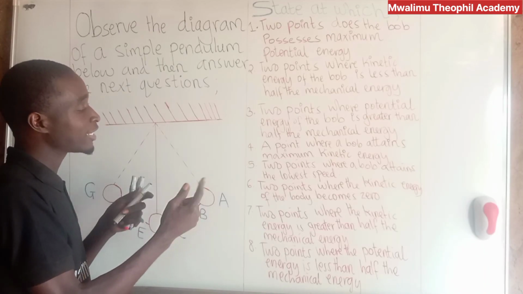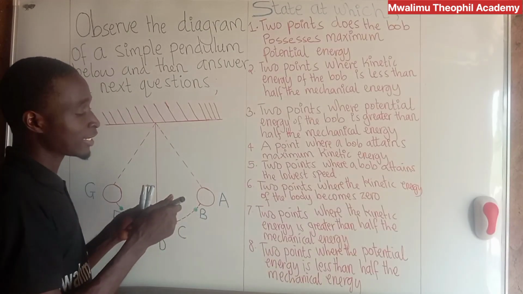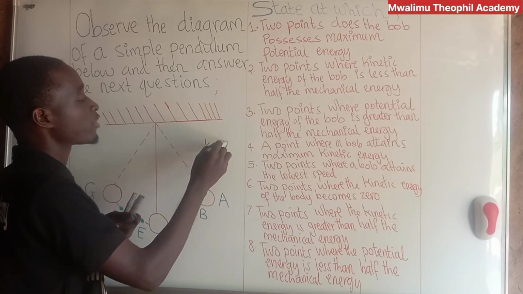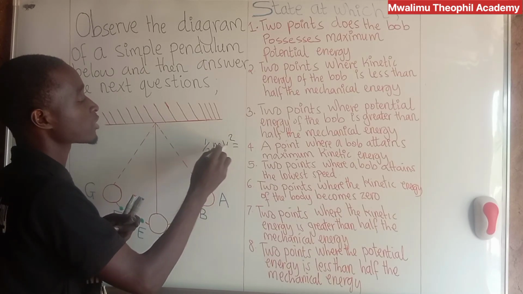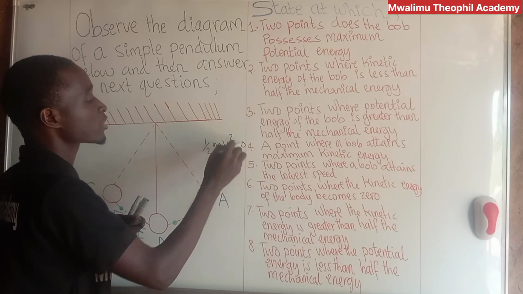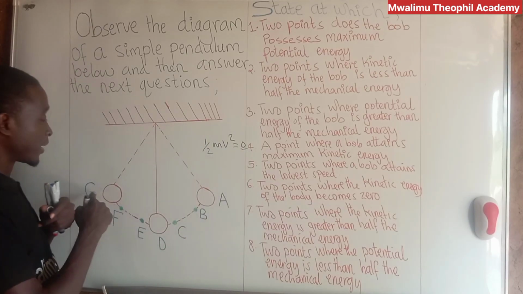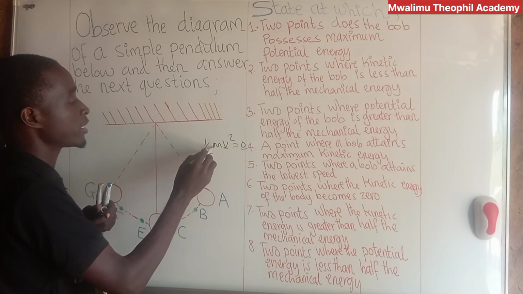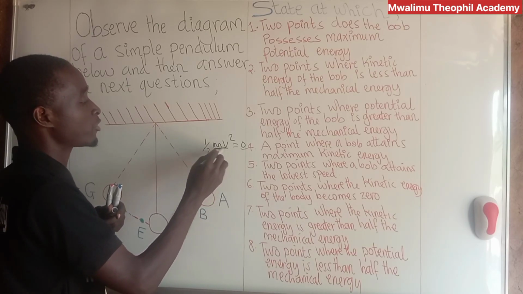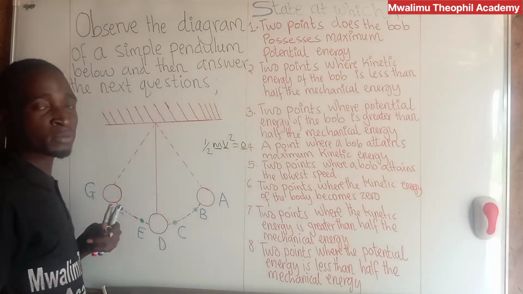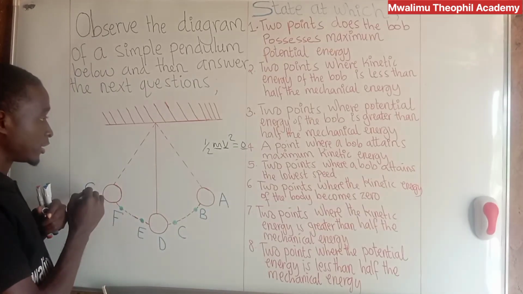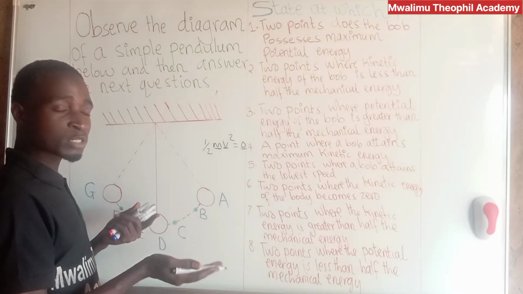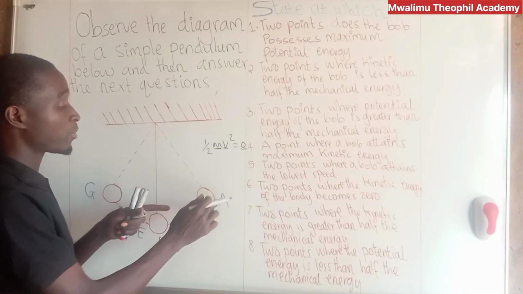As kinetic energy is obtained by taking a half m times the velocity squared, it means that if velocity is 0, the energy will be 0 at point A and G. Regardless of the body having mass, as the velocity is 0, the kinetic energy will be 0 at point A and G.